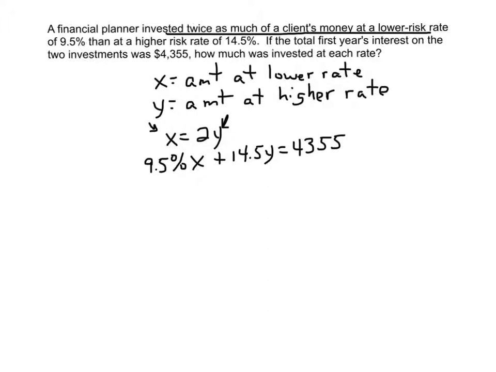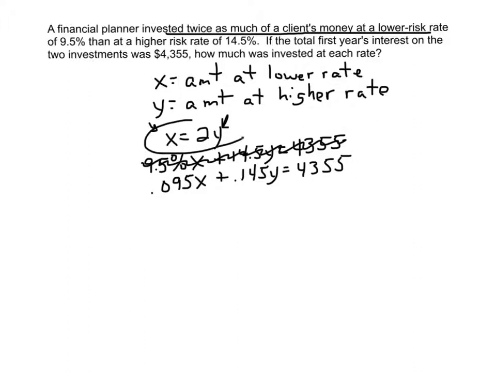Now, I'm not going to keep those percentages. Instead, I'm going to change those percentages into decimals. So I have 0.095x plus 0.145y is equal to 4355. So you can see now those are my two different equations that I am going to use in order to solve this particular problem.